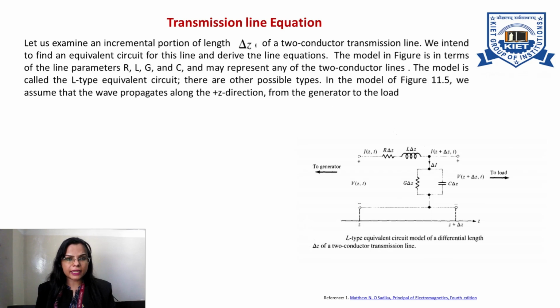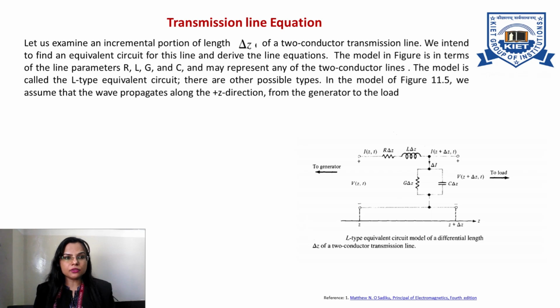Transmission line equations. We have distributed parameters of transmission lines and we know how waves propagate along them. Now, we will do the mathematical modeling of the transmission line. Let us examine an incremental portion of length del z of a 2 conductor transmission line.